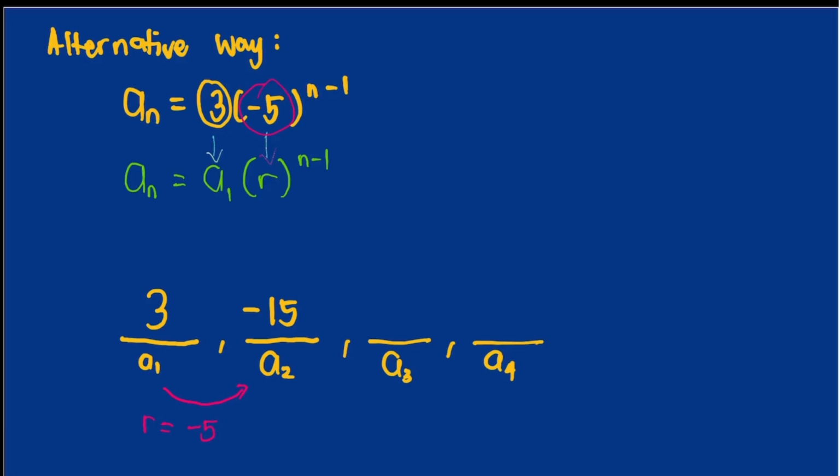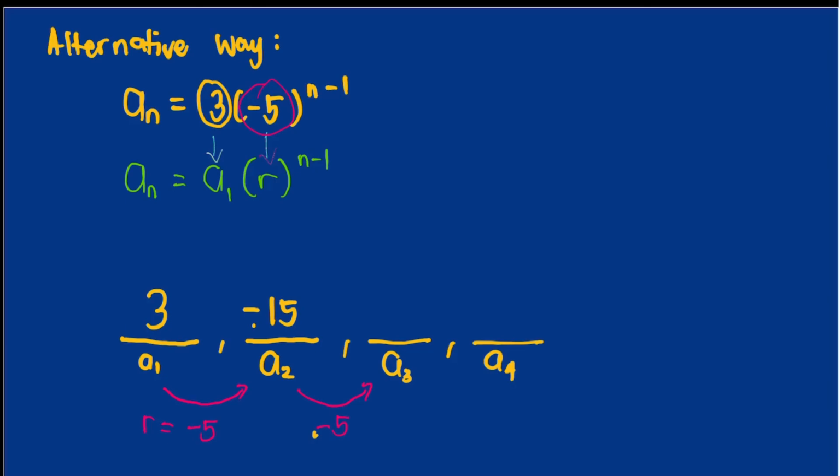Again, multiply na naman natin the preceding term by the common ratio, which is negative 5. Here, negative times negative, the answer is positive. Then, 15 times 5. So, 15, 15, 30. So, 30, 4 na yon.